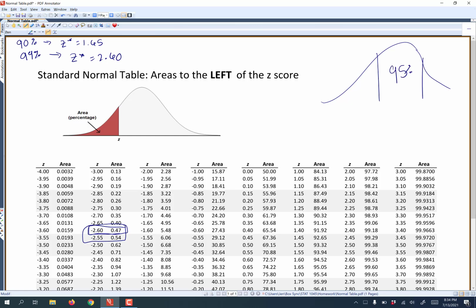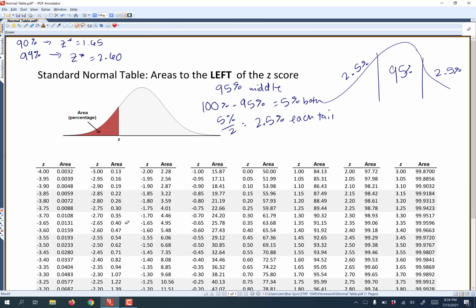And if you do 100% minus 95%, that means 5% total for both tails, and you divide that by 2, and you get 2.5% in each tail. Okay, so we're looking for the z value that has 2.5% area to the left.